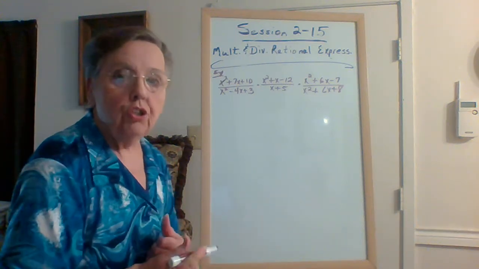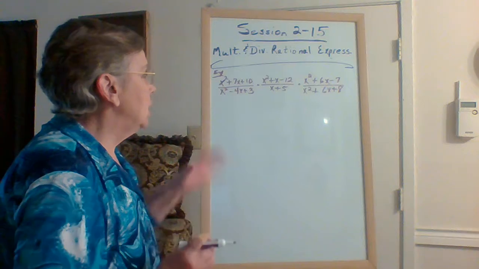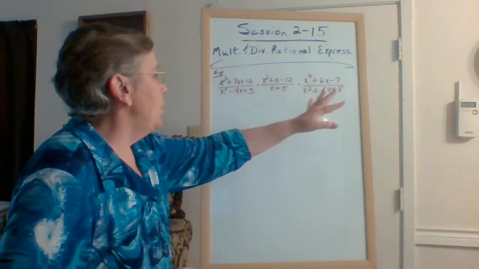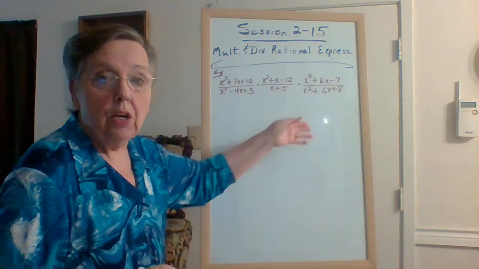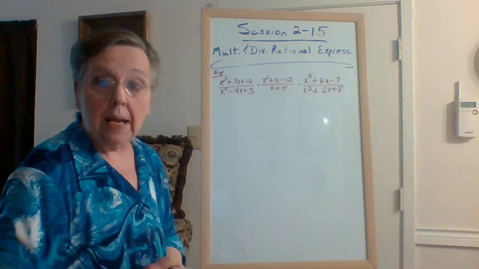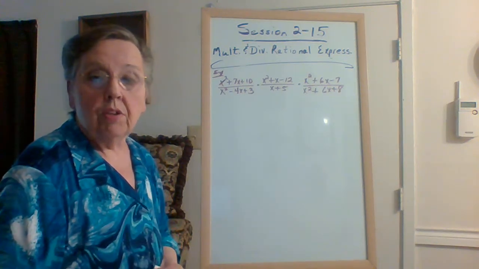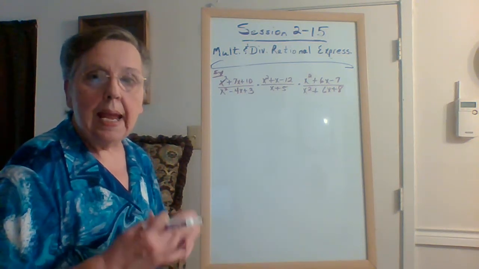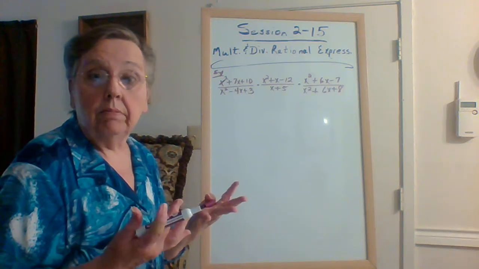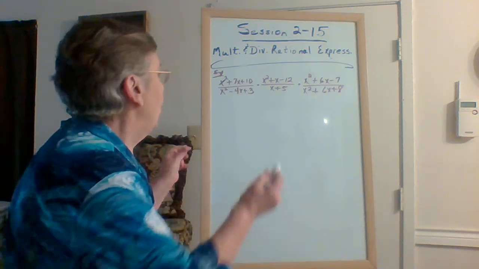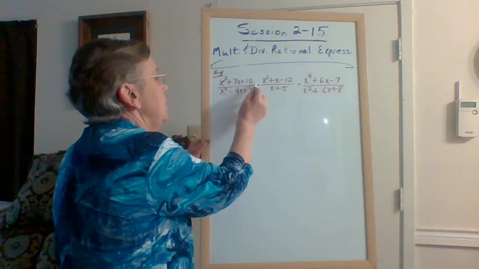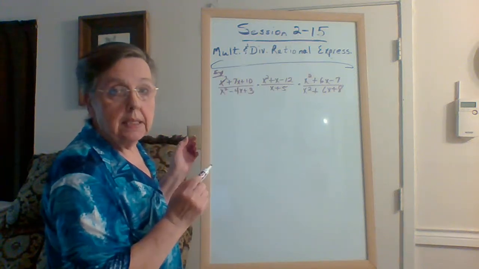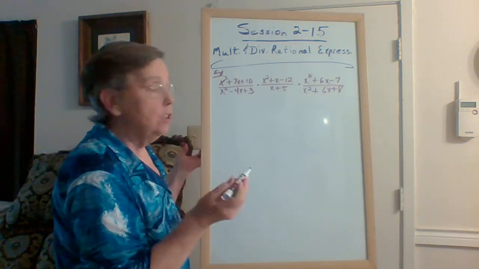The first thing that you should remember: I have all pluses and minuses in every numerator and denominator. I have a plus or a minus, one or the other. So therefore, I must separate and factor. I take this numerator, x squared plus 7x plus 10, and I factor.